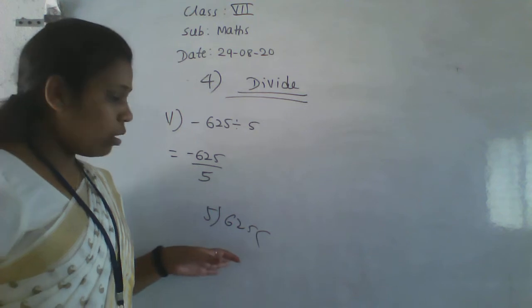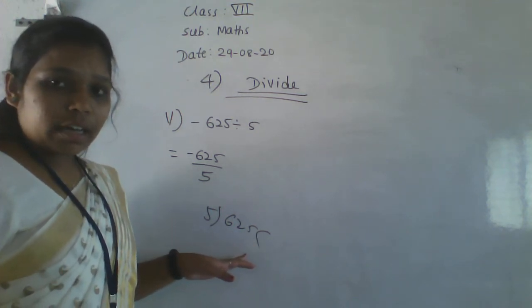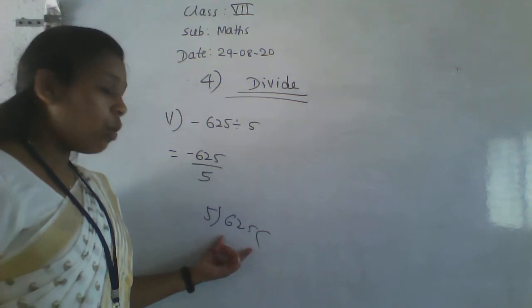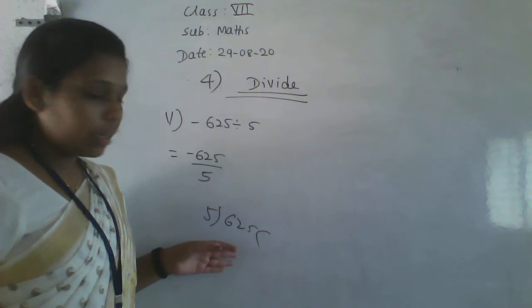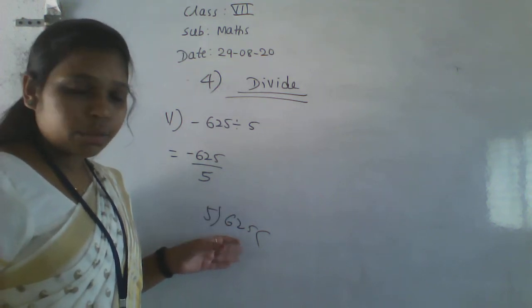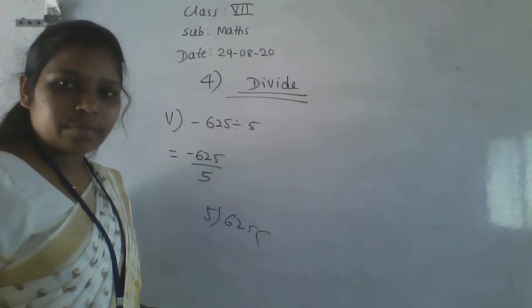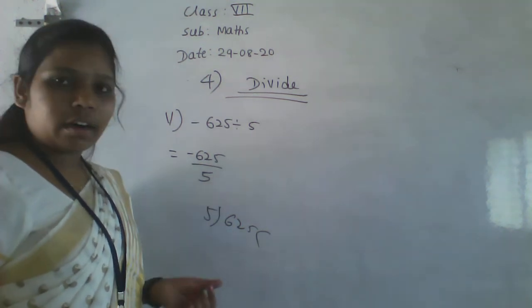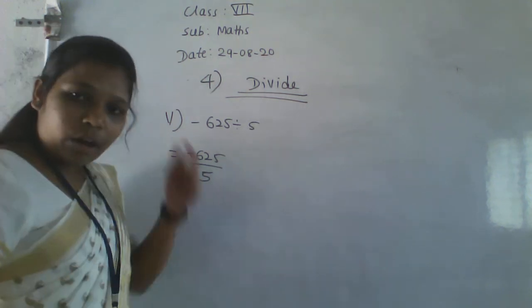Up to 4th or 5th standard it's okay, but since you are a 7th standard student, you have to cancel directly. Just practice, and do the calculation in your mind.